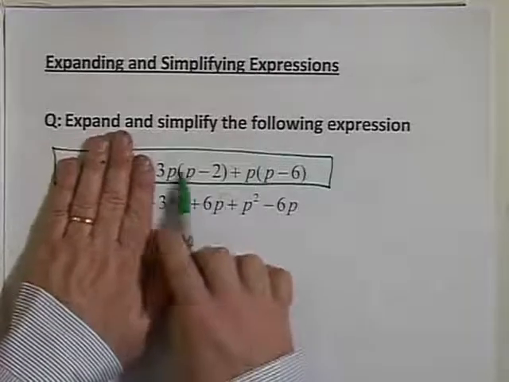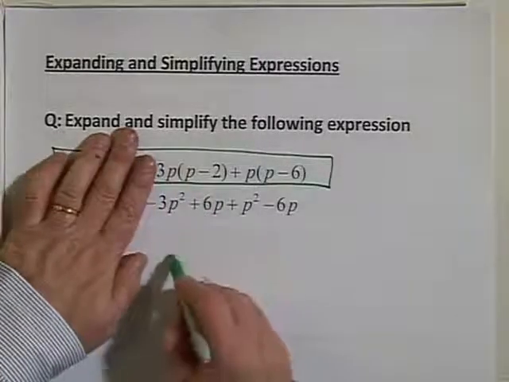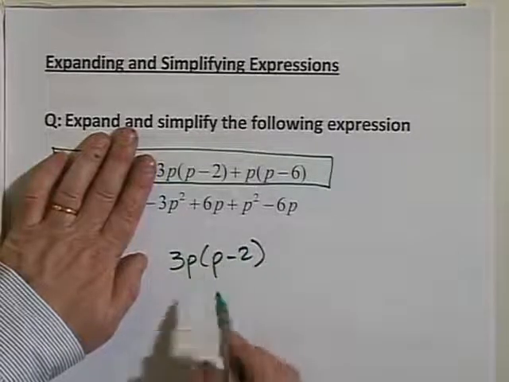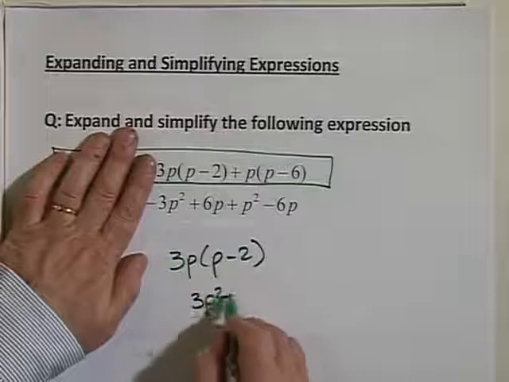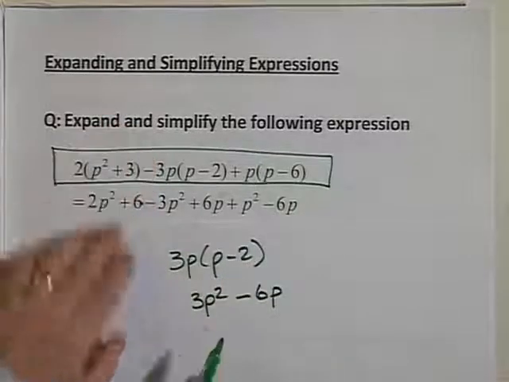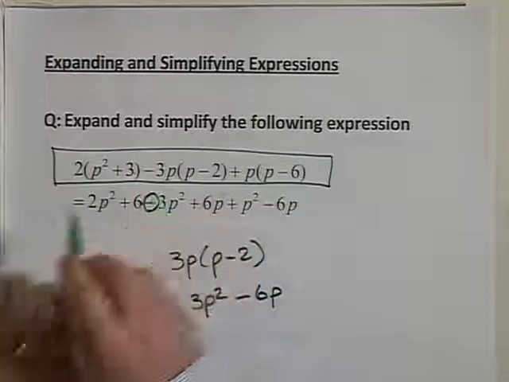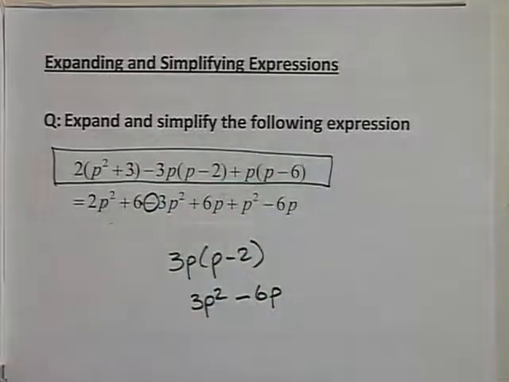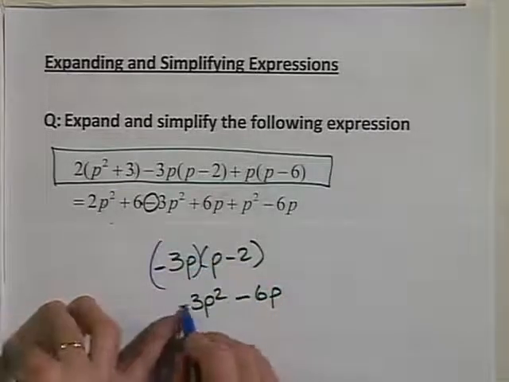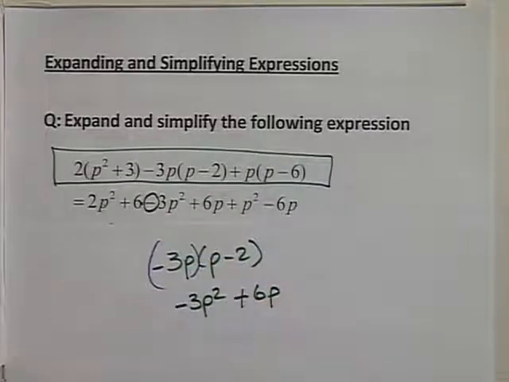Here again, we're multiplying into the bracket 3p into p minus 2. 3p times p would be 3p squared. 3p by 2 would be minus 6p. But, to be very careful, there was a minus sign beforehand. So because this was a minus, then this becomes minus and that becomes plus.